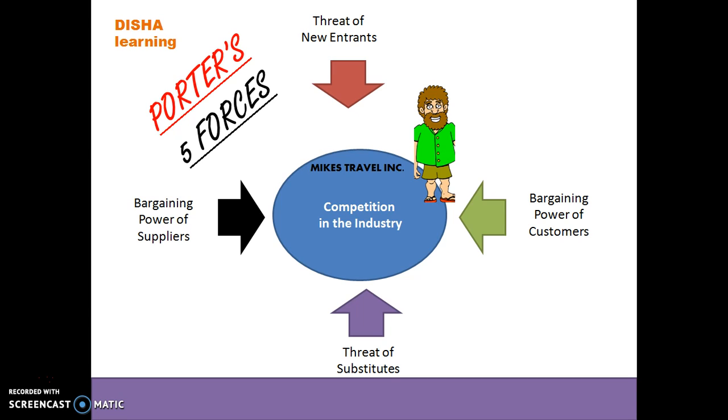Now, how does Mike use Porter's Five Forces? Mike's Travel Incorporated, if you remember, is in the travel industry. So Michael Porter says that for formulating strategy, you need to look at these five forces. The five forces model is also used to identify the level of competition or rivalry within any industry.